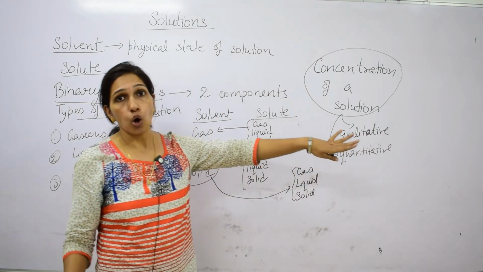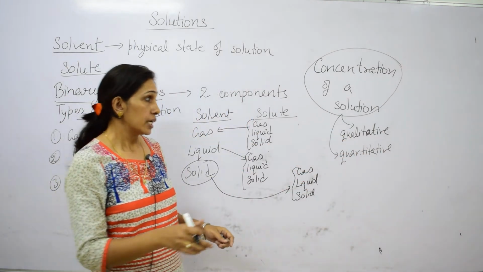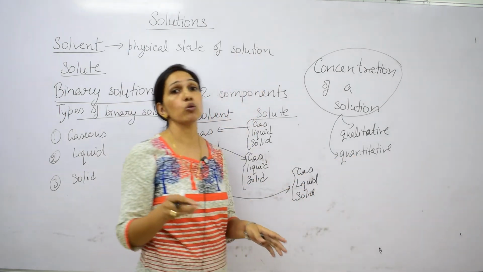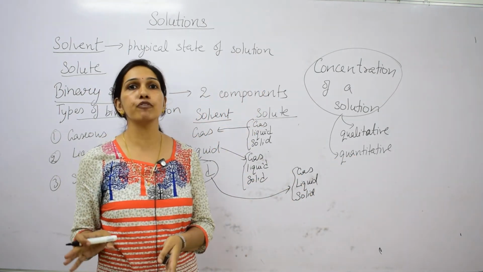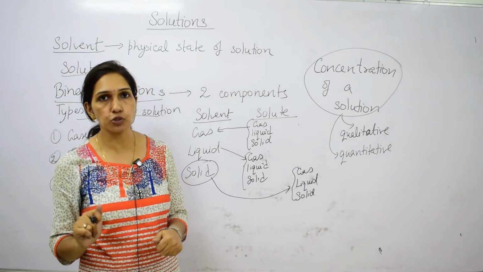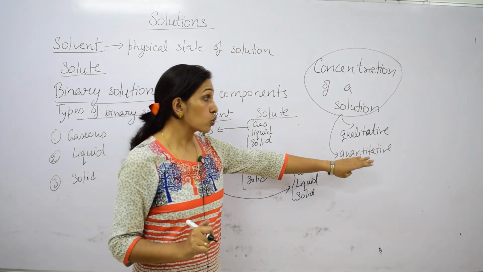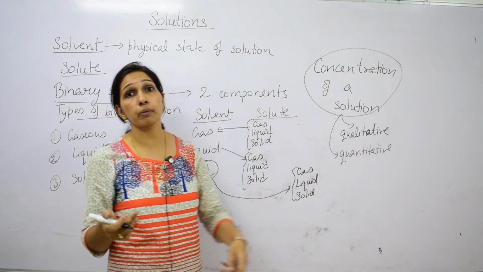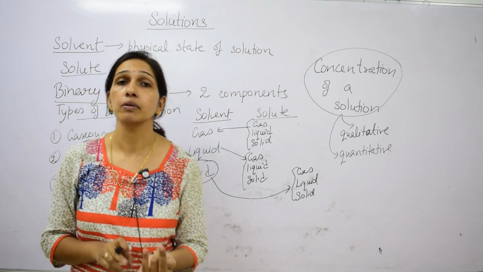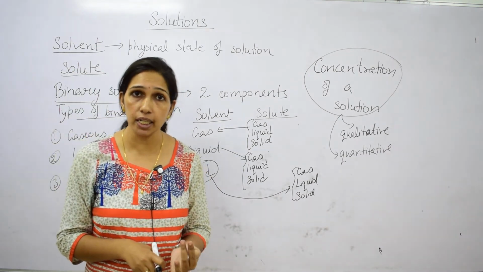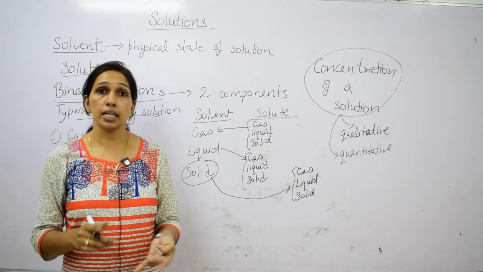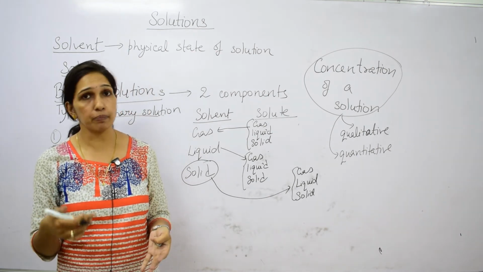Quantitative measurement of concentration gives us the exact amount of solute present in a definite volume or definite mass of solvent. For quantitative measurements, there are many terms like molarity, molality, normality, mole fraction, weight by weight percentage, and weight by volume percentage.